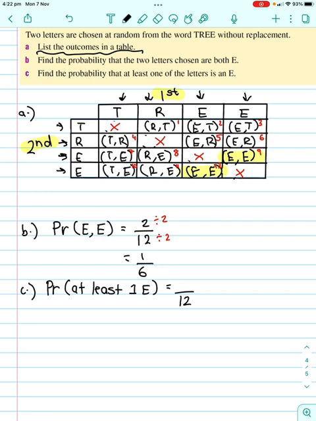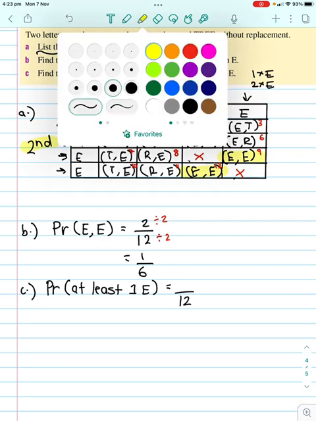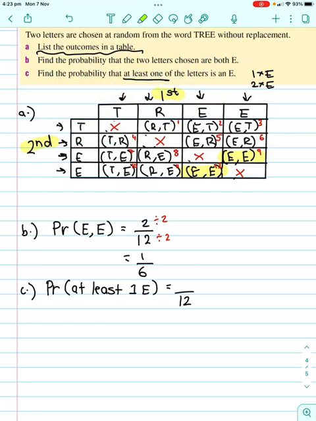Now, when it says at least one E, that means we can have either 1 E or 2 E's. So I'm going to swap my highlighter to green, and any of my possible options in my sample space with an E, I'm going to highlight. So we've got 1, 2, 3, 4, 5, 6, 7, 8, 9, 10.